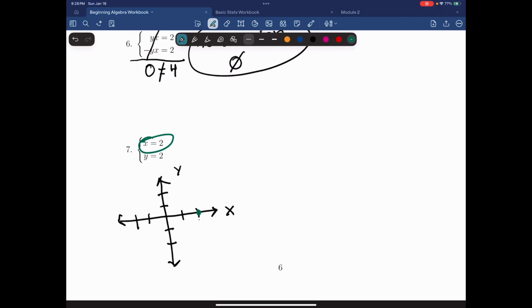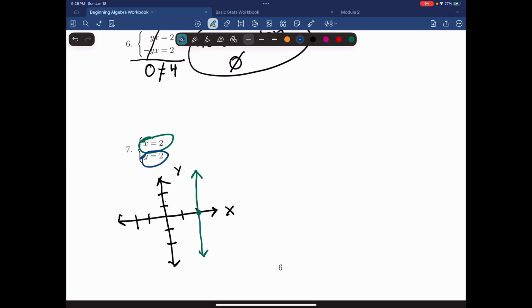And remember, when we have an equation where we have x set equal to a number, that means that we have infinite y values, so we have a vertical line going up and down, like so.